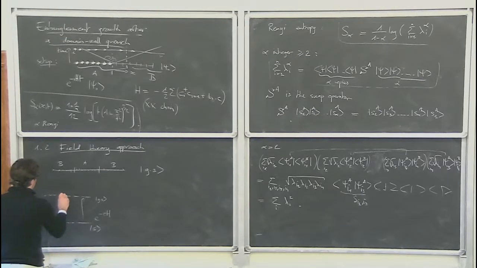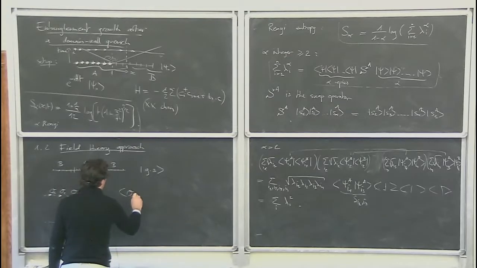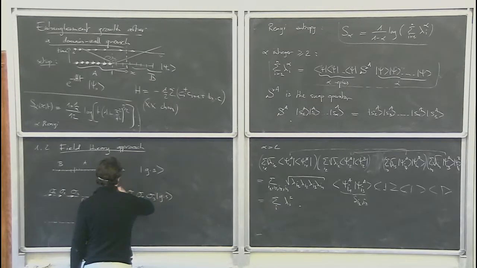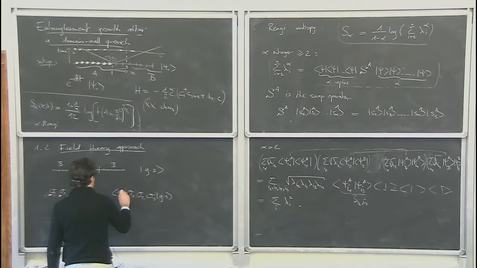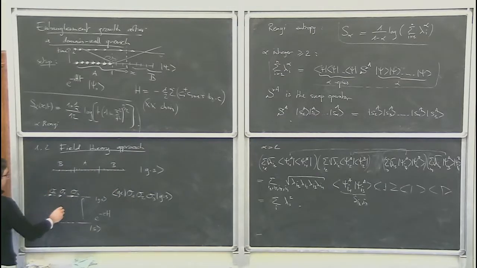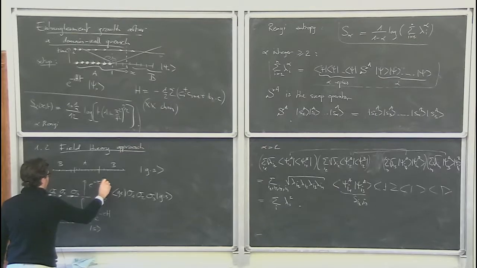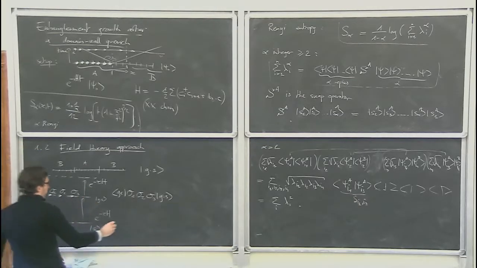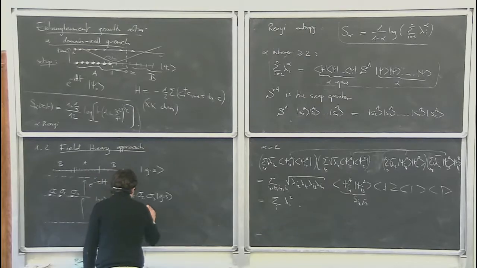Then we can insert correlation operators here if we are interested in calculating some correlation function O1, O2, O3, say, in the ground state. And then you evolve again to here. This trick we discussed last time.